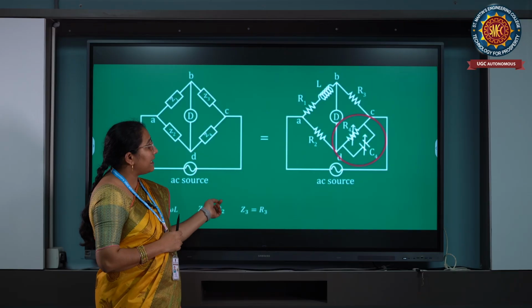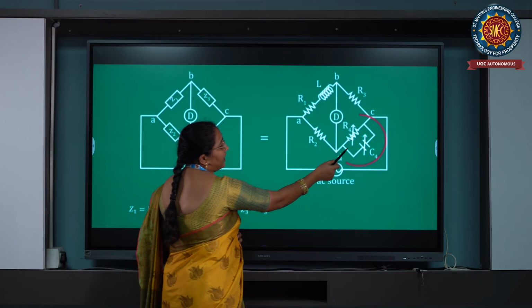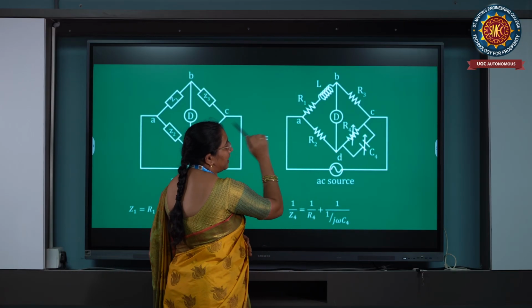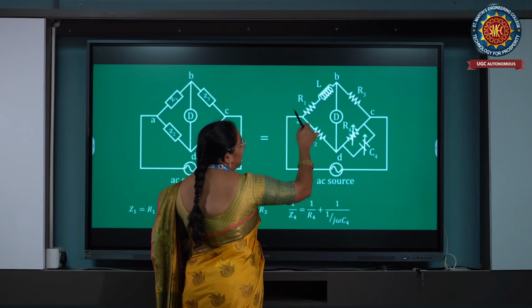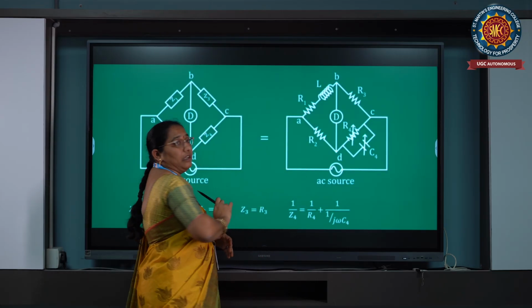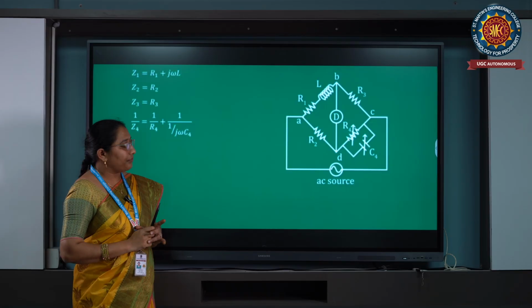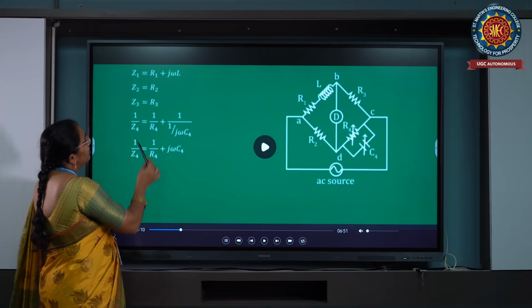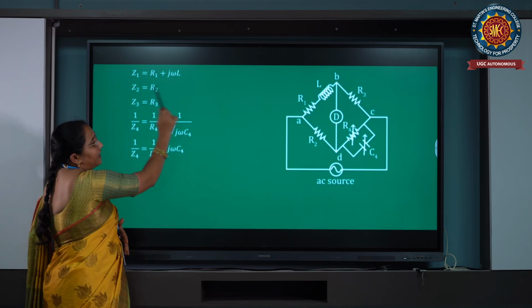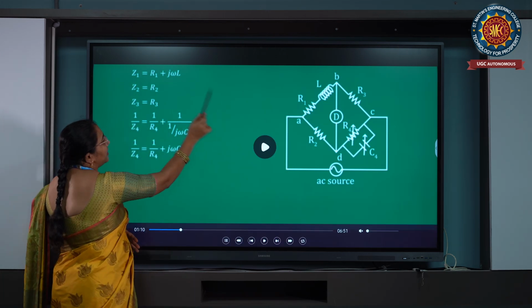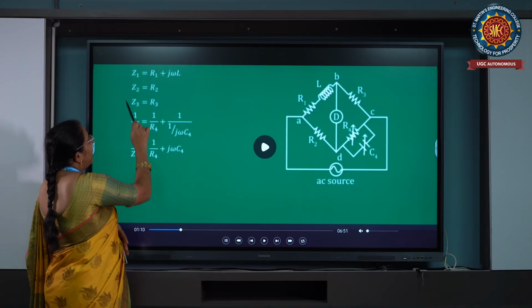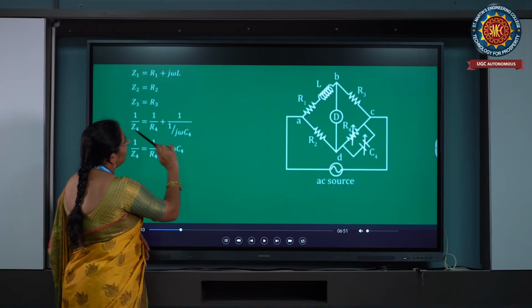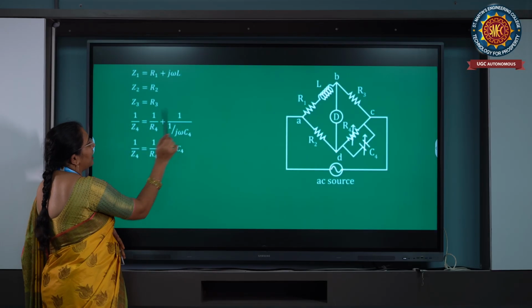In Maxwell's inductance capacitance bridge, we have resistor and capacitor in parallel and resistor and inductor in series in opposite branches. Z1 is R1 plus j omega L, Z2 is R2, and Z3 is R3.